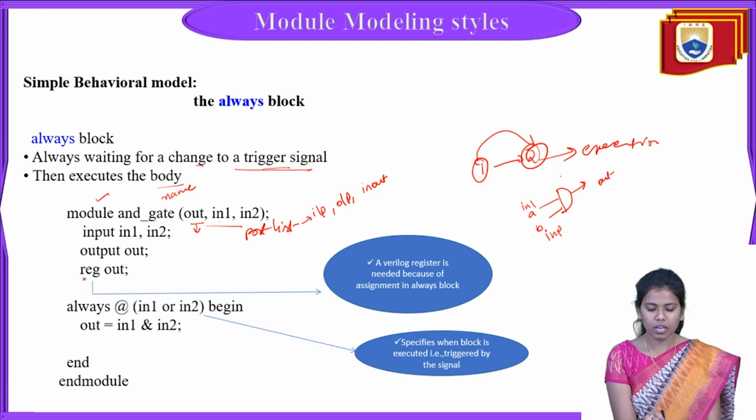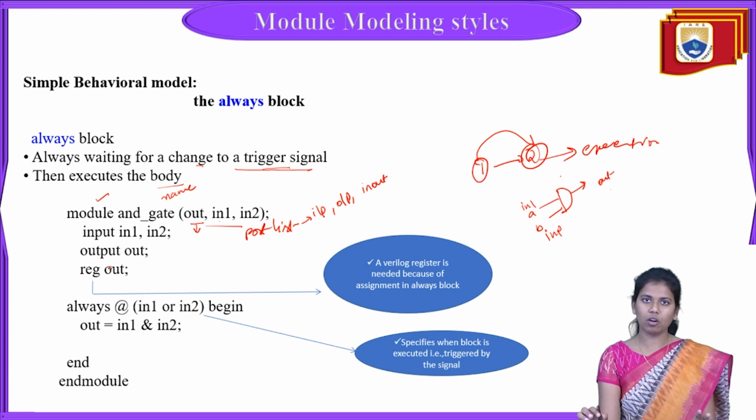And coming to the register out. In Verilog syntax, registers are needed for assignment in always blocks. So in the always blocks, registers are always needed to store the information, to store the data.